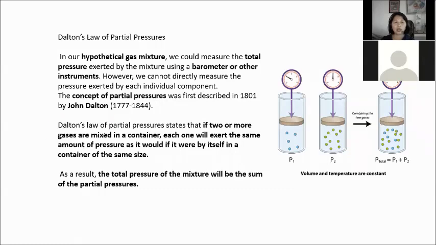So the law states that if two or more gases are mixed in a container, each one will exert the same amount of pressure as it would if it were by itself in a container of the same size. As a result, the total pressure of the mixture will be the sum of the partial pressures.